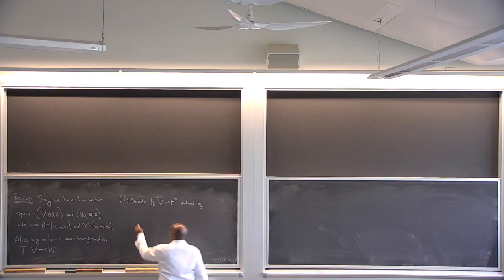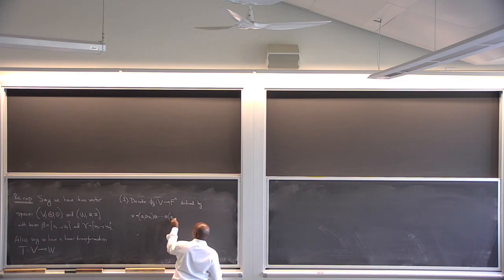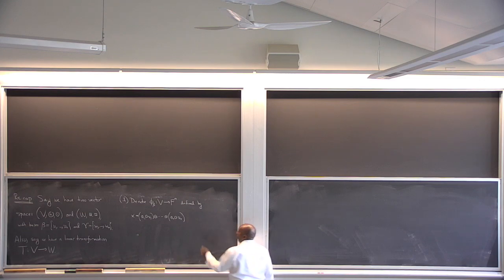And remember that this takes, let's say, a linear combination and it sends that to the vector that I get by just looking at these scalars, a1 through an.